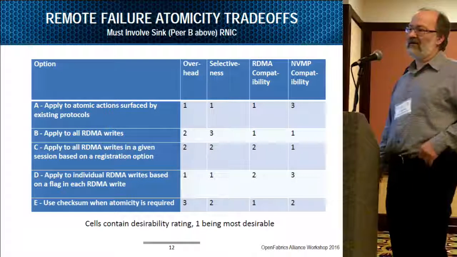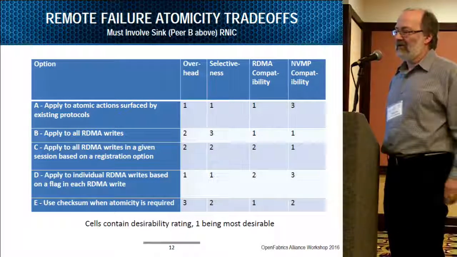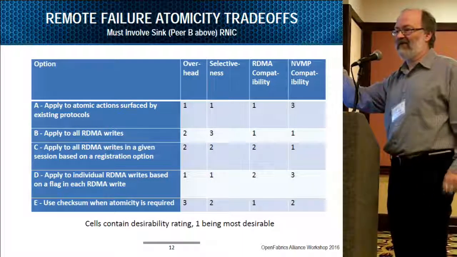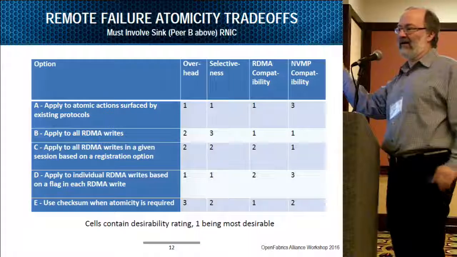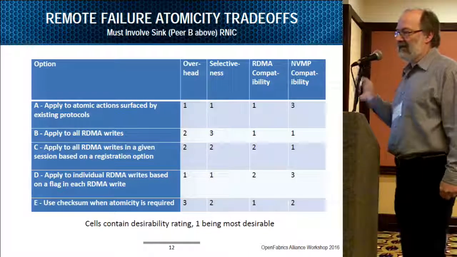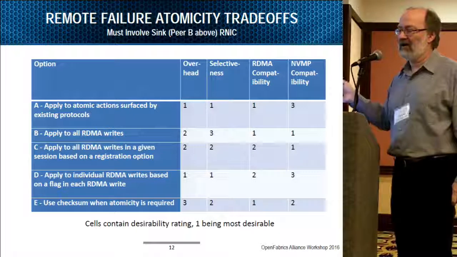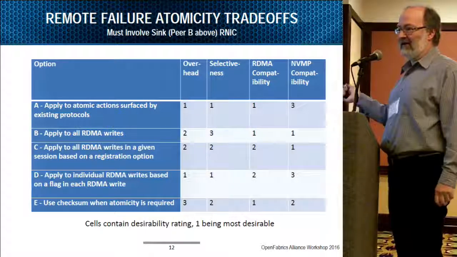There are a couple of other interesting things I want to mention. I showed that diagram of a flush that showed the RDMAs for everything I'd written lately going out at once. That may not be the most efficient way to do it. So we're continuing to work on models for that.